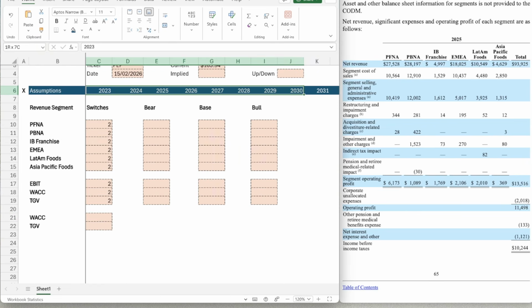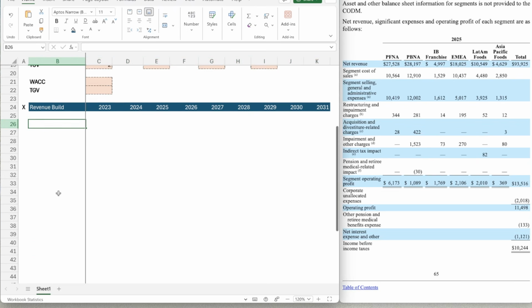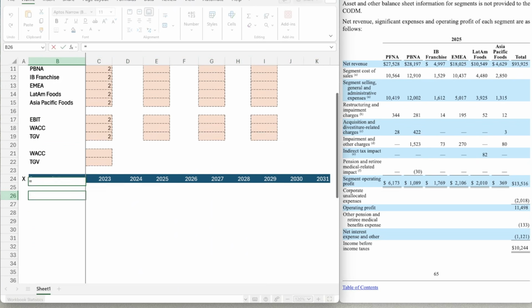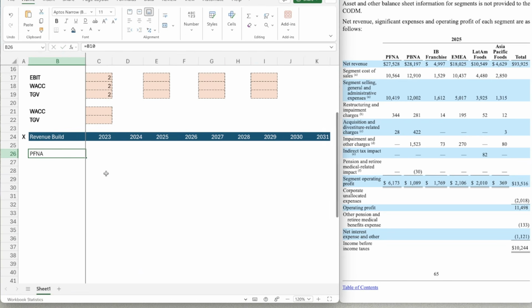Sorry, the assumptions section should not be like that. It doesn't need the years there, we need that down here. Revenue build. I'll just delete what I've written up here. So for revenue build, we put equal to B10, or whatever it is on yours. Then percentage growth.